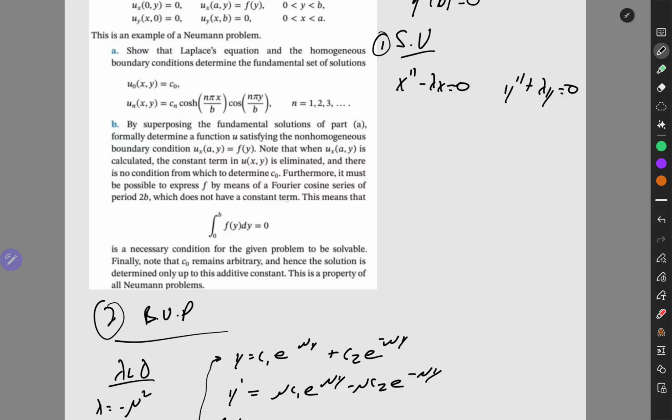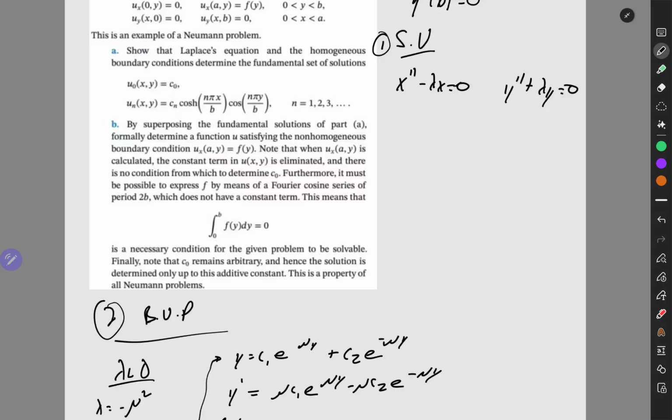Which does not have a constant term. This means that is a necessary condition for the given problem to be solvable. Finally, note that C naught remains arbitrary, and hence the solution is determined only up to this additive constant. This is a property of all Neumann problems.